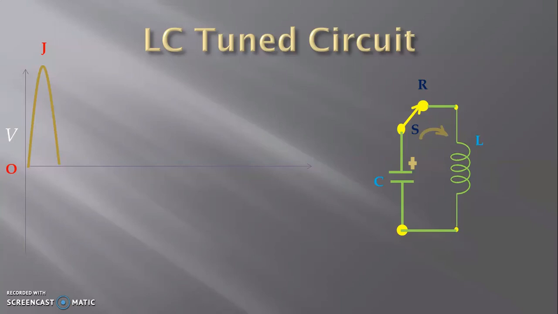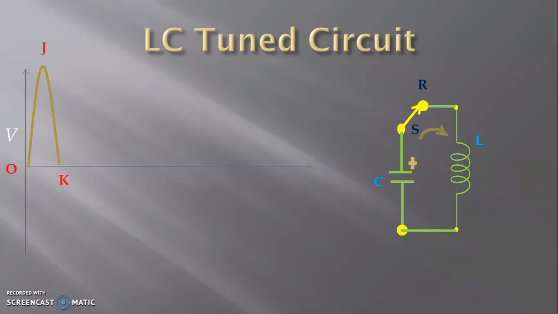Initially, when the capacitor was charging, we had an output voltage waveform from O to J. Now, during the current flow from the capacitor to the inductor, the voltage slowly discharges from the capacitor, and the waveform goes from J to point K. When the capacitor is fully discharged, the output voltage waveform comes to zero level, that is point K.